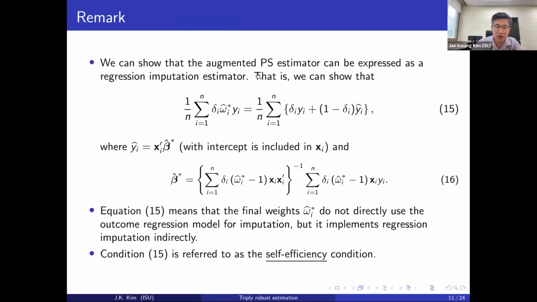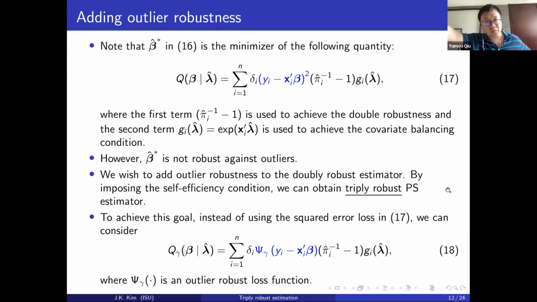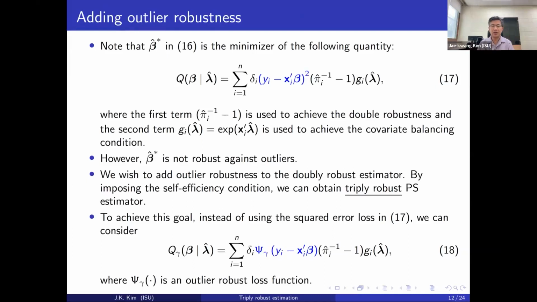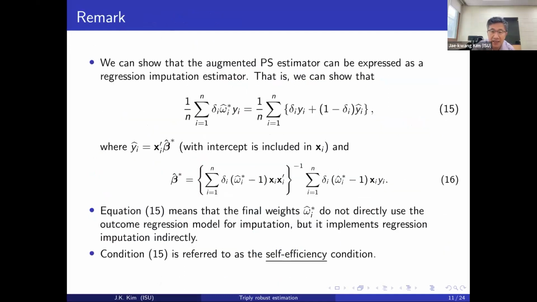What I tried to deliver was that this one is an algebraic equivalence, and then how do you interpret equation 16? 16 is nothing but the solution of 17. So the emphasis is really in 15, how you change it to a different imputation.